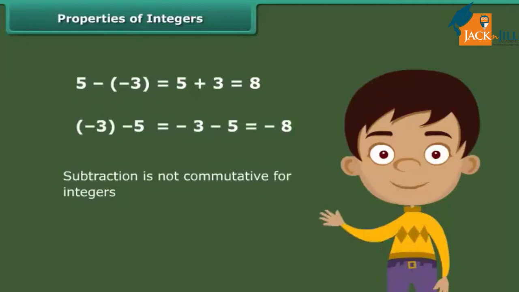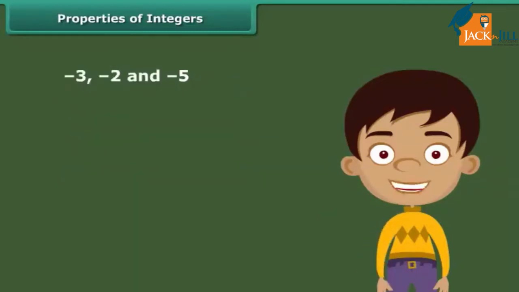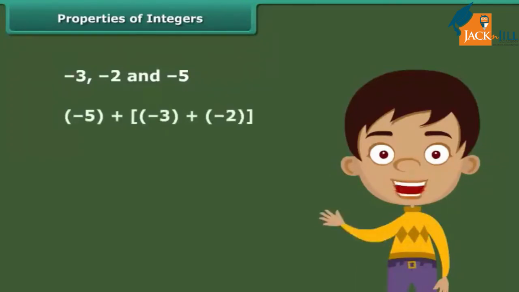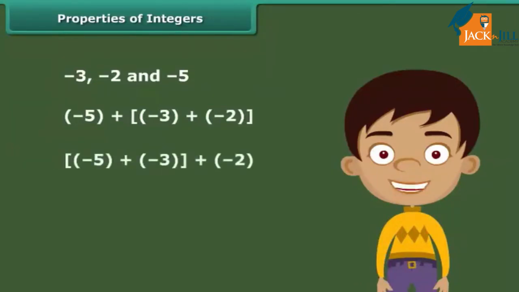Now observe the following examples. We will take the integers minus 3, minus 2 and minus 5. Look at minus 5 plus, within bracket, minus 3 plus minus 2, and minus 5 plus minus 3, within bracket, plus minus 2.